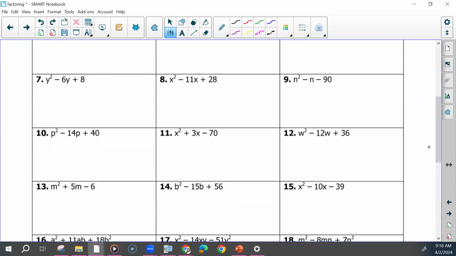Starting with 7. So let's find factors of 8. 4 and 2. And 1 and 8. Now I have to add or subtract these together to get a -6. How can I do that?